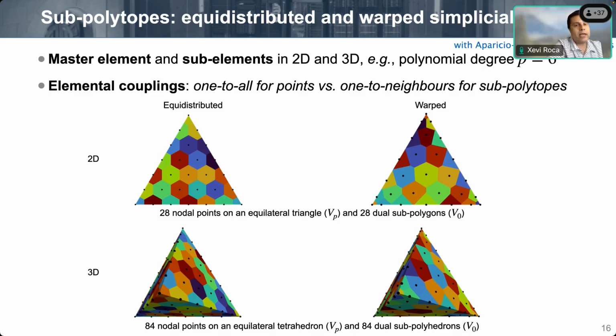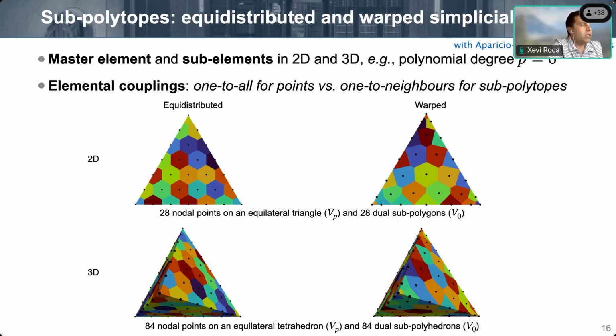This dual mesh is exactly the orange region in the center of the triangle. And this hexagon is surrounded by 6 hexagons. And the adjacency, the coupling, is going to be with those elements that share a face with this element. So now you're going to have the coupling with yourself and also with your neighbors, so 1 to 7. So in 2D, you go from 1 to 28 to 1 to 7.